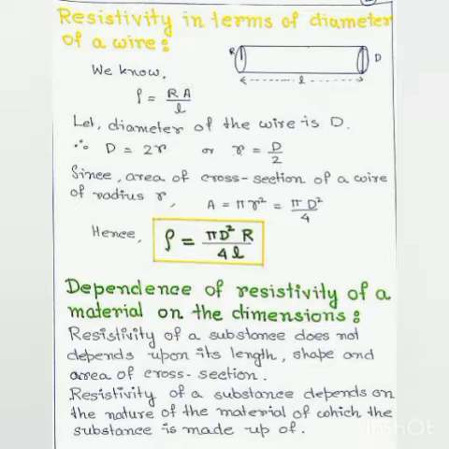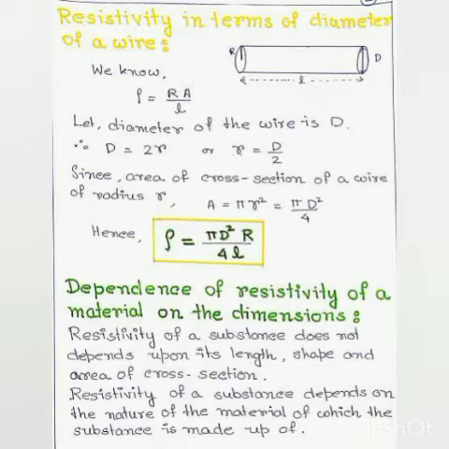Now we will discuss a little more elaborately what the resistivity of any material is. Now see why resistivity does not depend on the length, shape, area of cross section. Before this discussion, let us consider what is density.